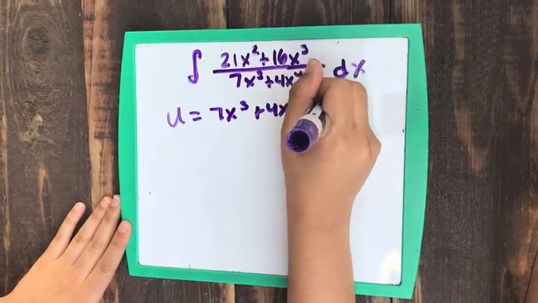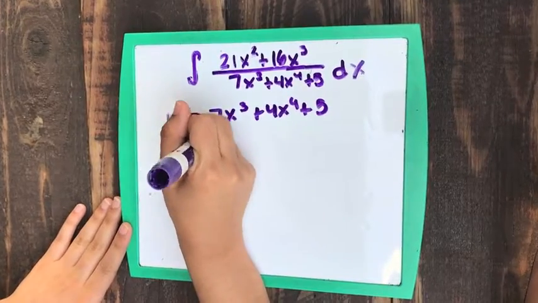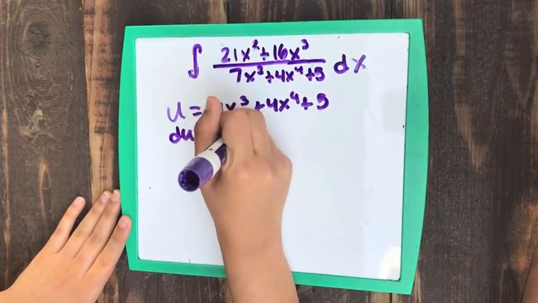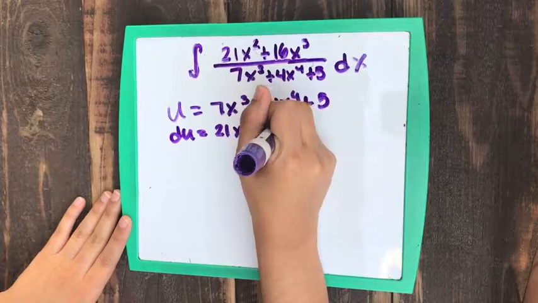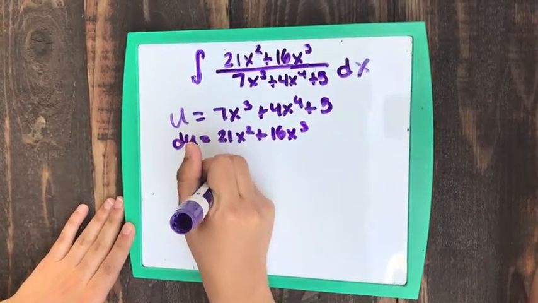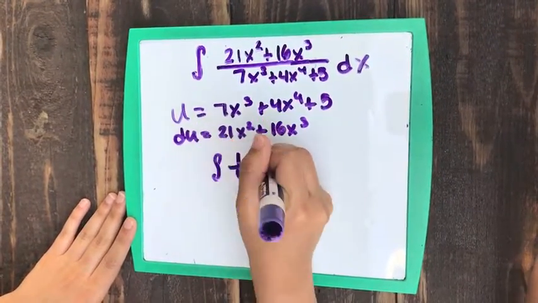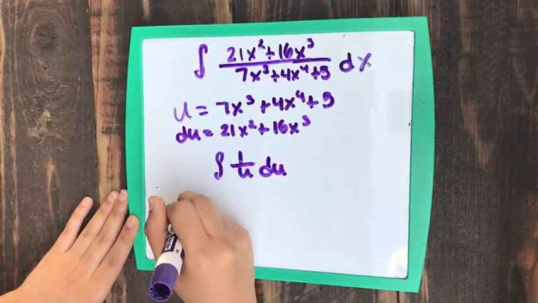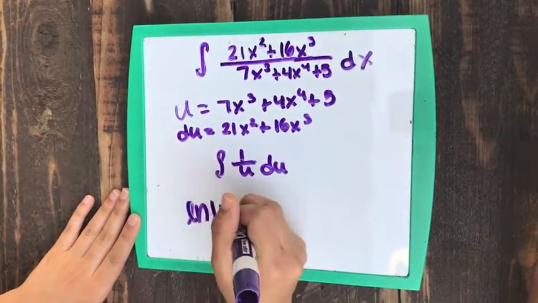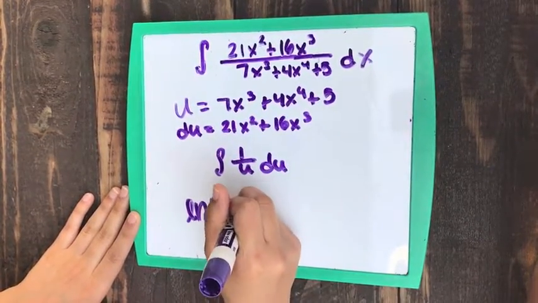Then we are going to take the derivative of u, which is du equals 21x squared plus 16x cubed. And since the integral is du over u, then the answer is going to be ln absolute value of the bottom number plus c.